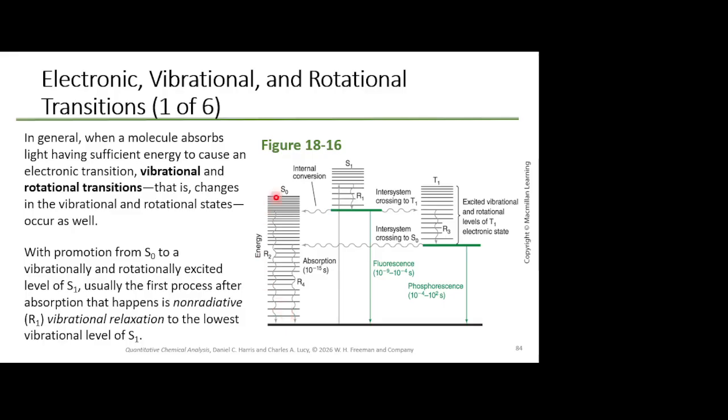The big thing though is these are your rotationals right here, and these are going to be your vibrational sets. So we're doing a vibration, going from S0 to S1. And this is also going to have a rotational energy that's excited.